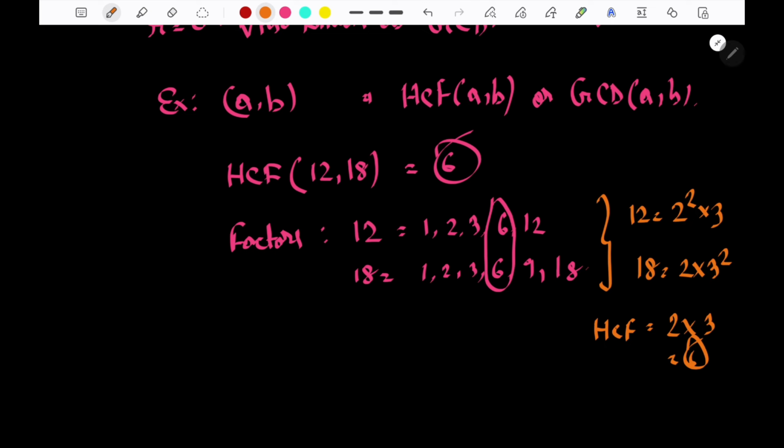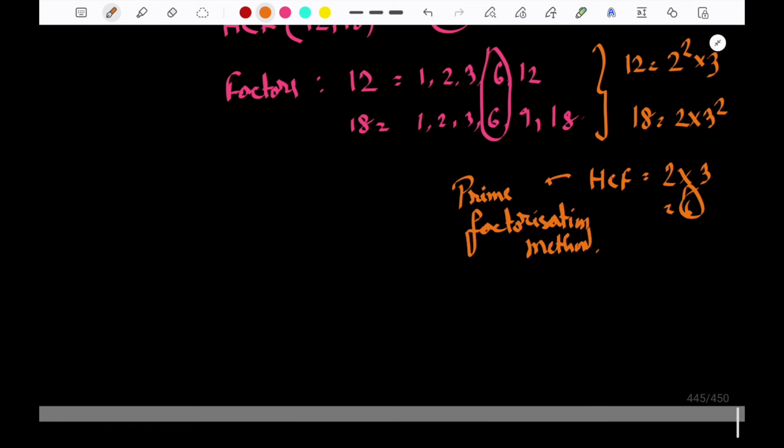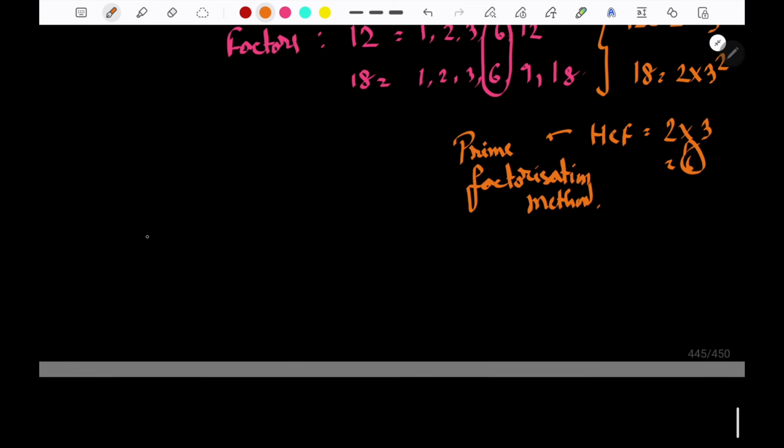This is known as the prime factorization method. I can give you another example.